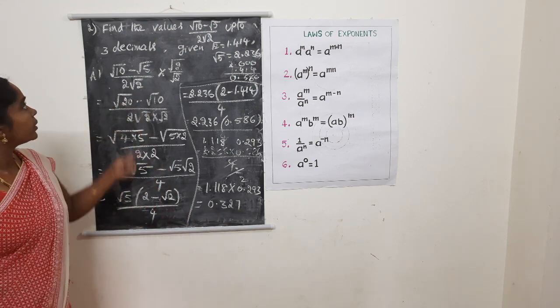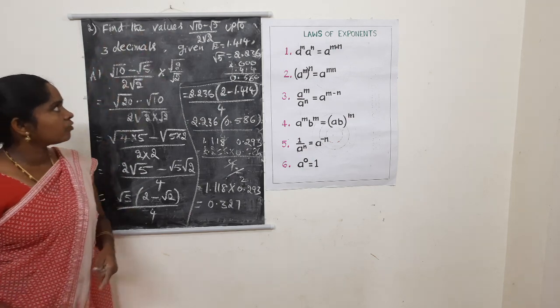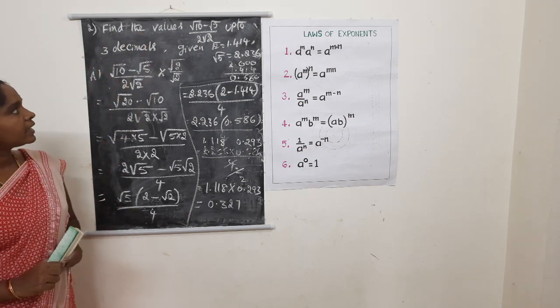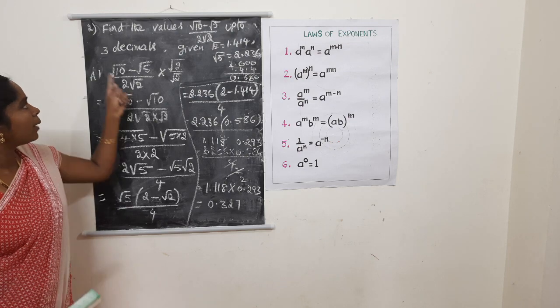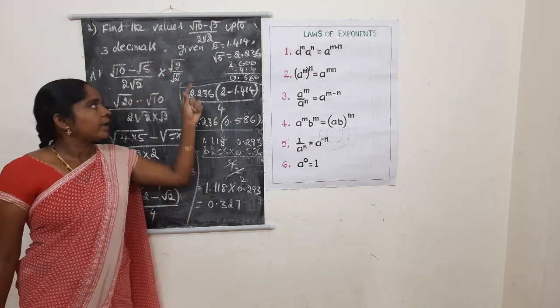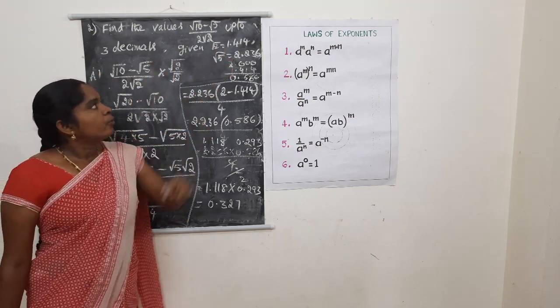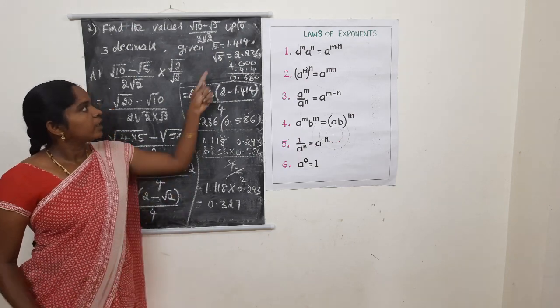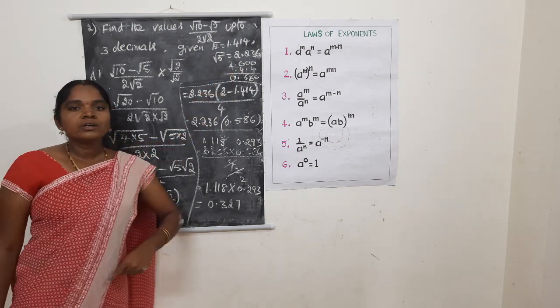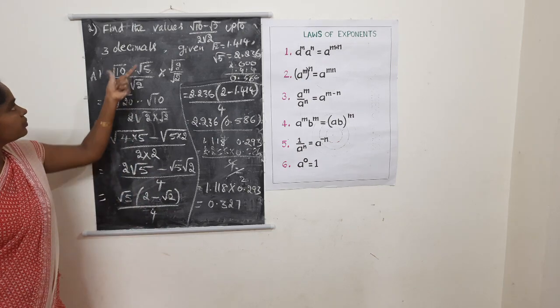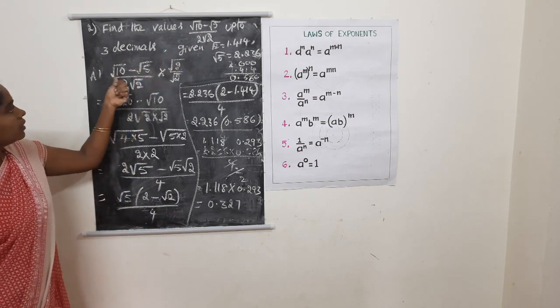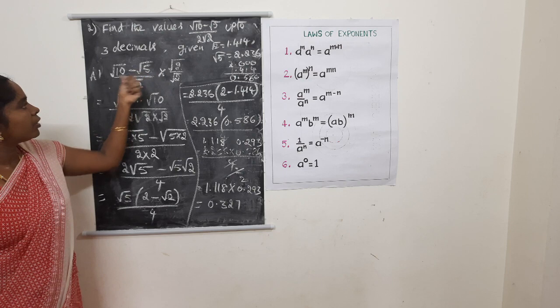Once again I will repeat. Find the value of root 10 minus root 5 by 2 root 2 up to 3 decimals, given root 2 equal to 1.414 and root 5 equal to 2.236. First, the given expression is root 10 minus root 5 by 2 root 2.